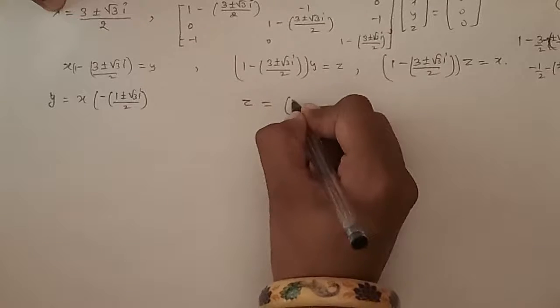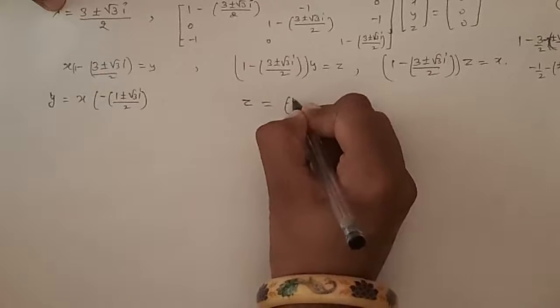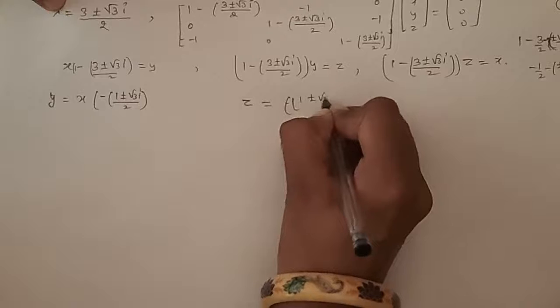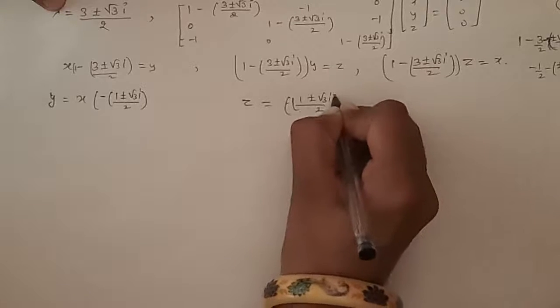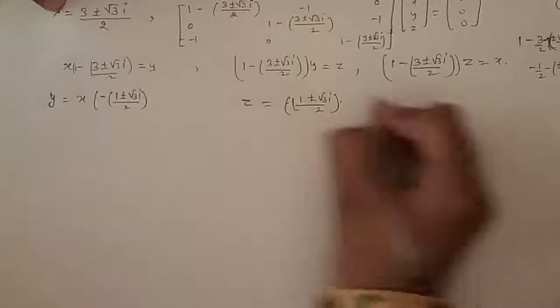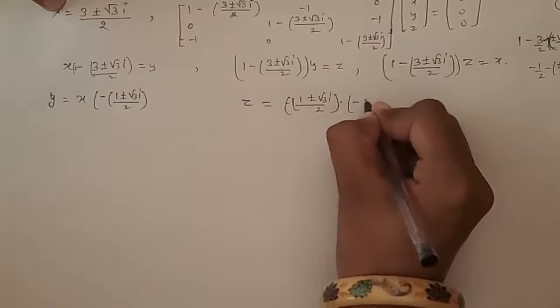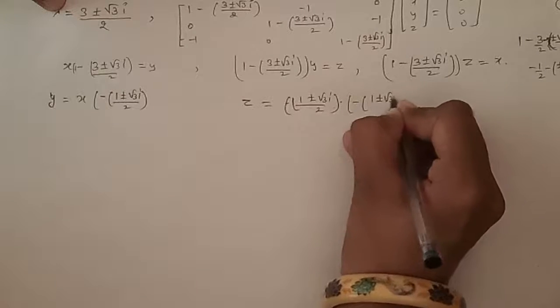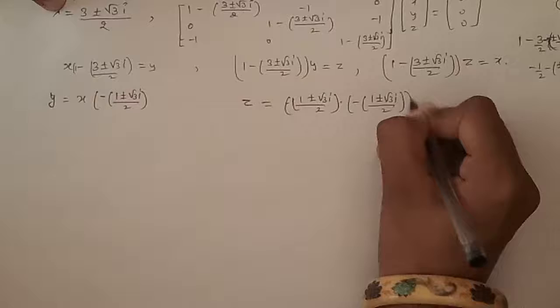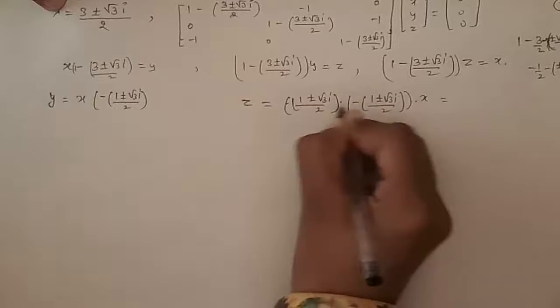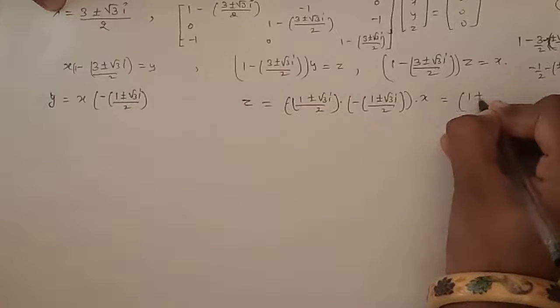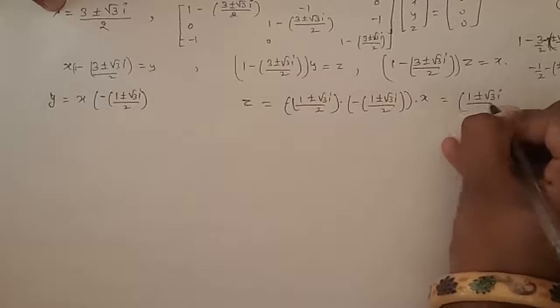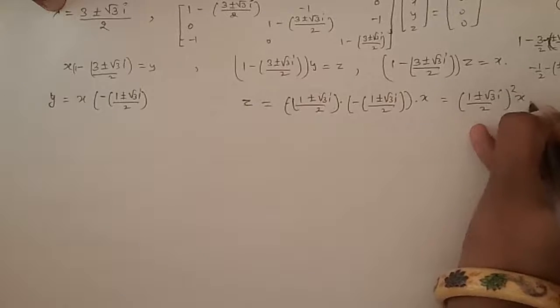Again z is equal to 1 plus and minus root 3i divided by 2 into y, we have minus 1 plus and minus root 3i divided by 2 into x. So this becomes minus minus plus 1 plus and minus root 3i divided by 2's whole square x.